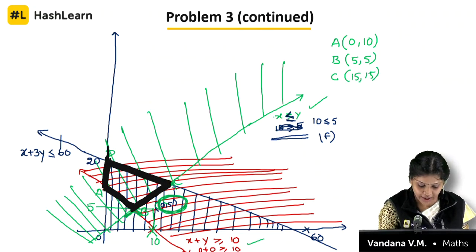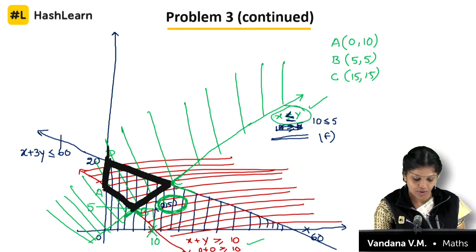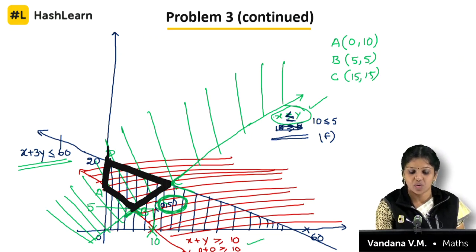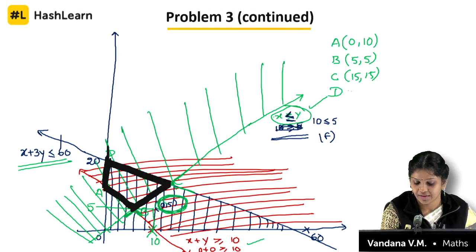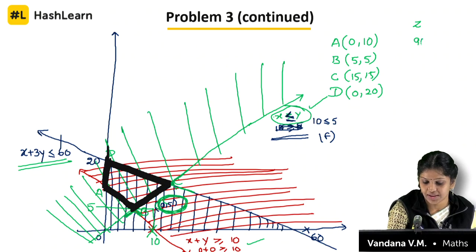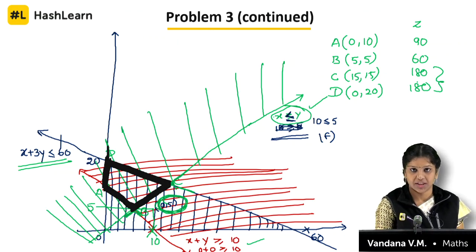What is the C point? The blue line and the green line. The green line is x is equal to y, the blue line is x plus 3y is equal to 60. If I solve, I will get the C value, and the D point is 0 comma 20. If I substitute, I will get the values as 90, 60, 180, 180. So, I am getting two maximum values.